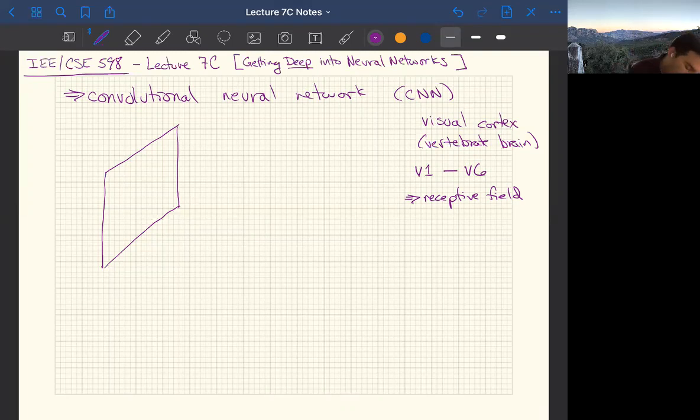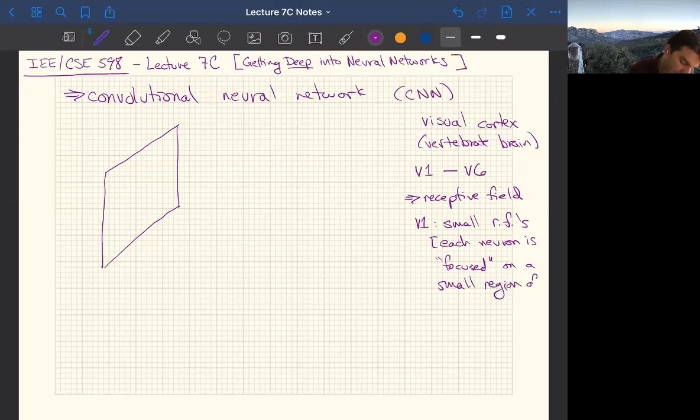And so in V1, there are small receptive fields, which means that each neuron is focused on a small region of an image.